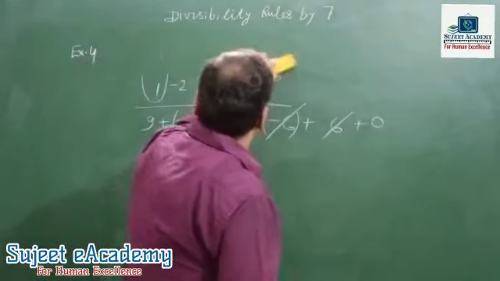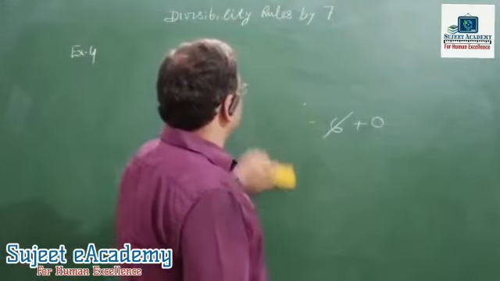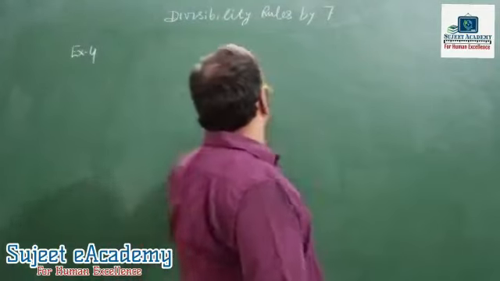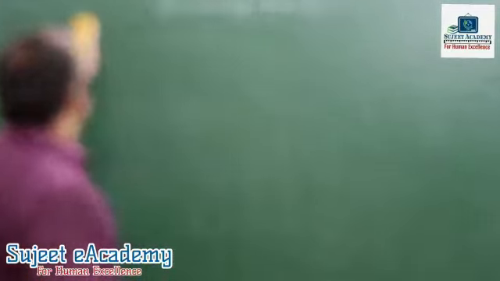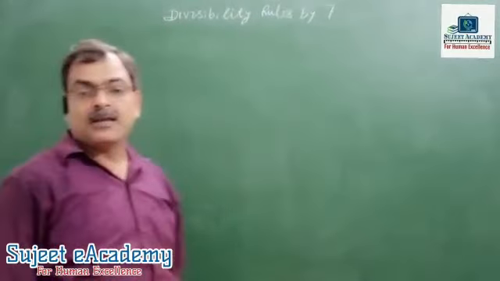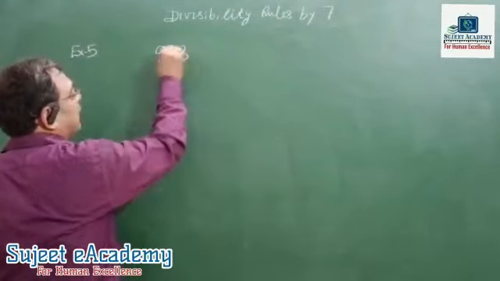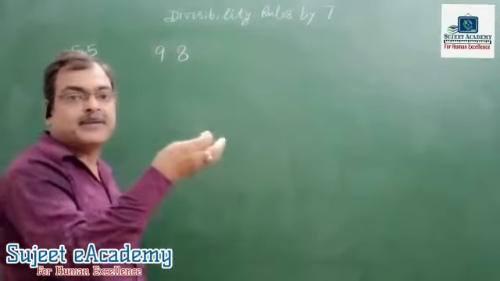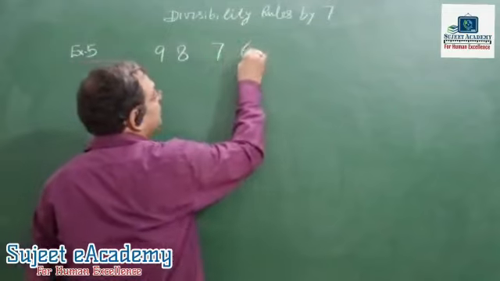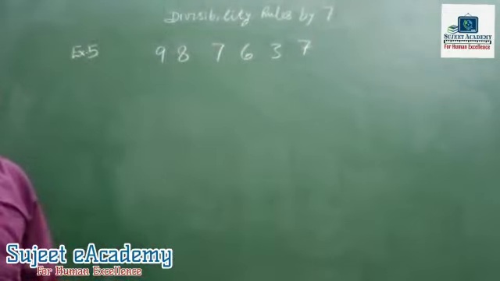So now the next and last method, with an example of other multipliers. Example number 5. Now select a similar number, 987637. Is this number divisible by 7 or not?